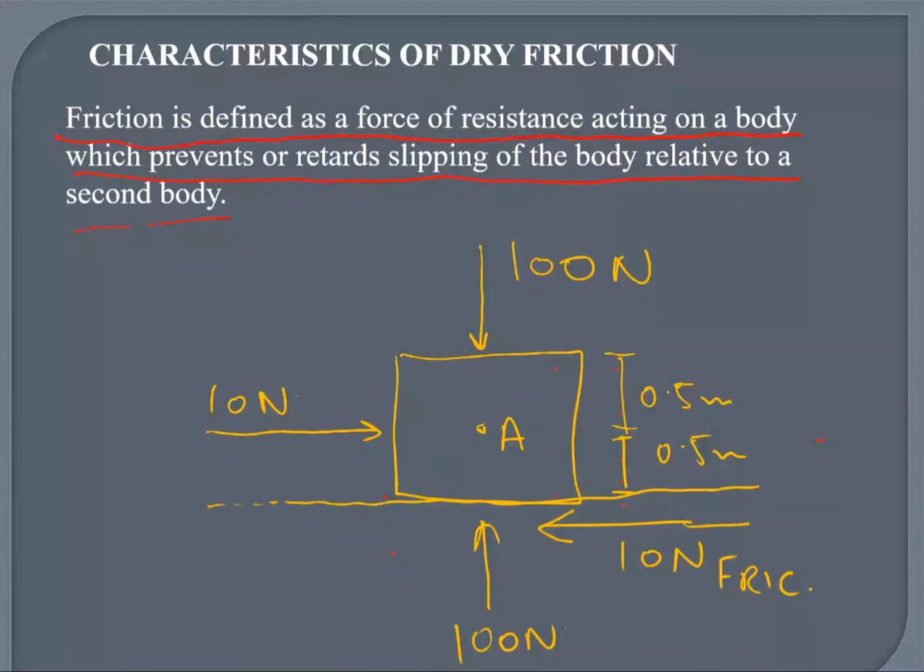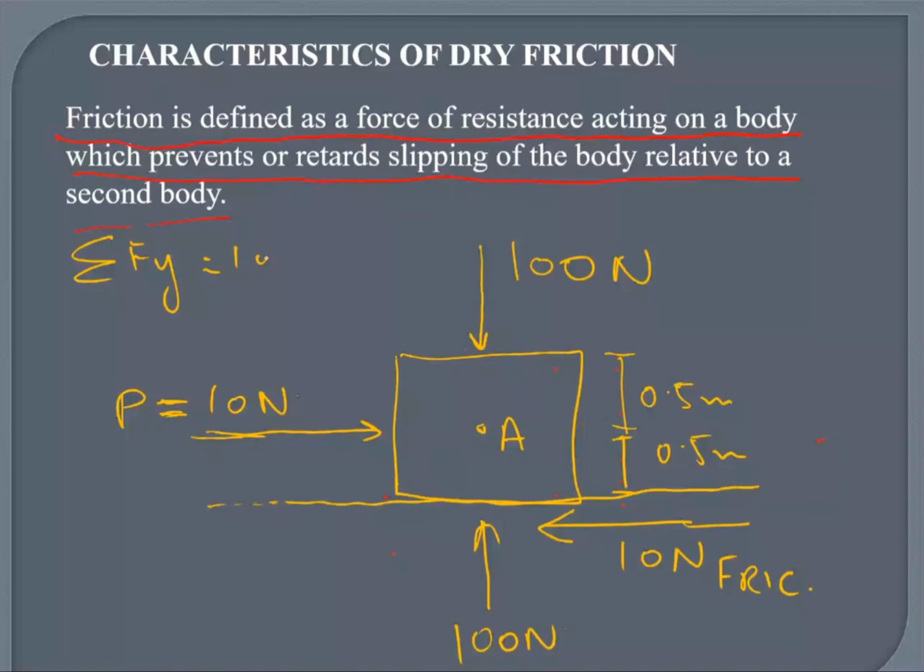The object is in equilibrium, so it means that the friction force is equal to force P. Clear? No issue? Yes, sir. So let's do the sum of all the forces along Y. That's 100 minus 100, which is 0.